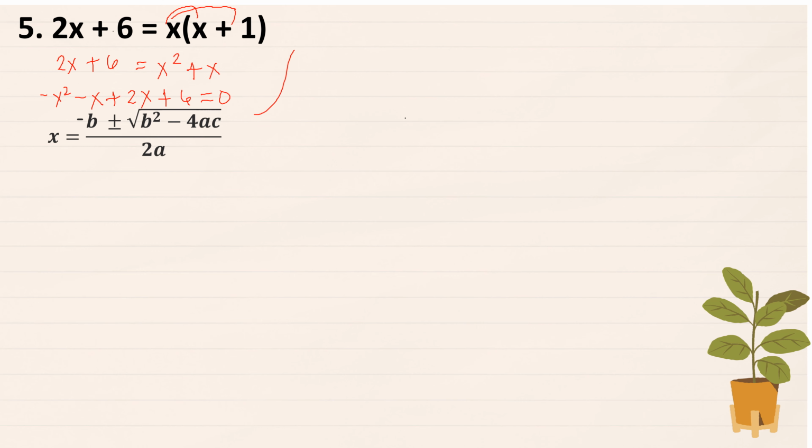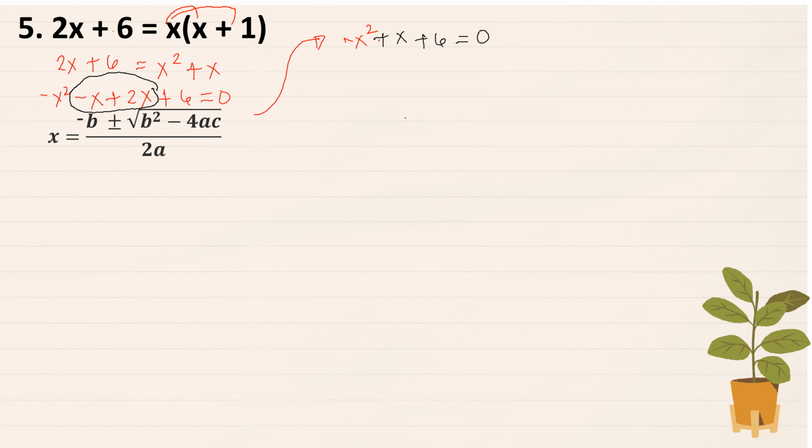Okay, and for that, we need to see if there are some terms that need to be combined, and so far the 2x and the negative x can be combined because they are similar terms. So negative x plus 2x becomes positive x, and then plus 6 is equal to 0.